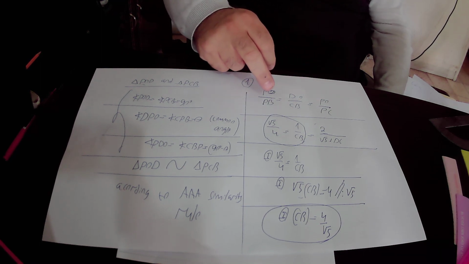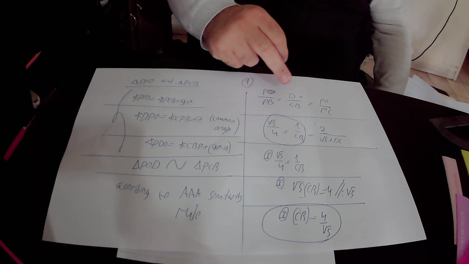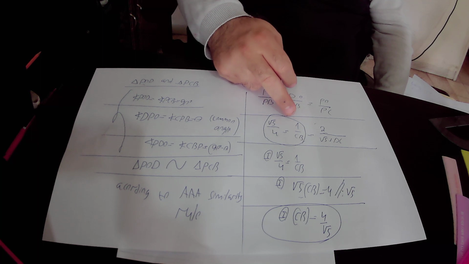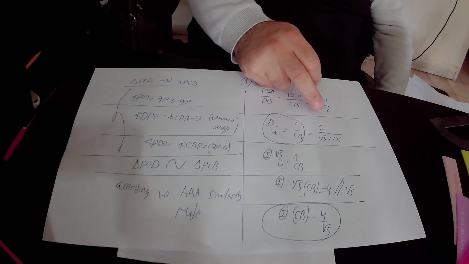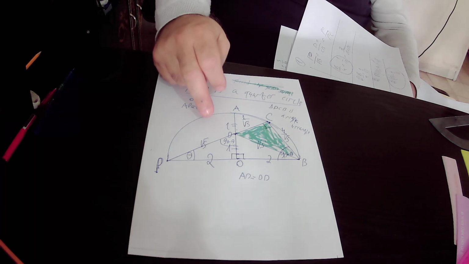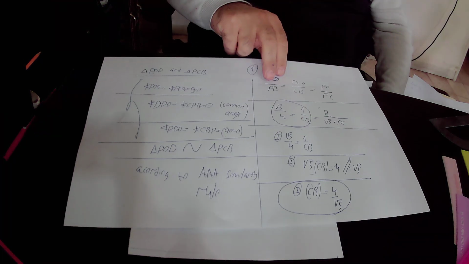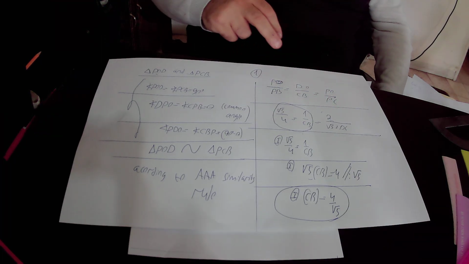PD equals square root of 5 units, PB equals 4, DO equals 1, and CB is the missing line segment. PO equals 2, and PC equals the square root of 5 plus DC.